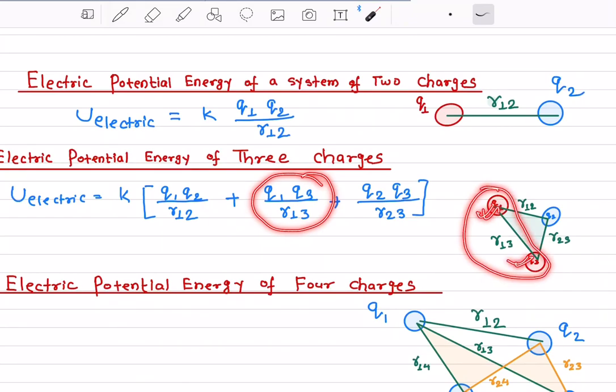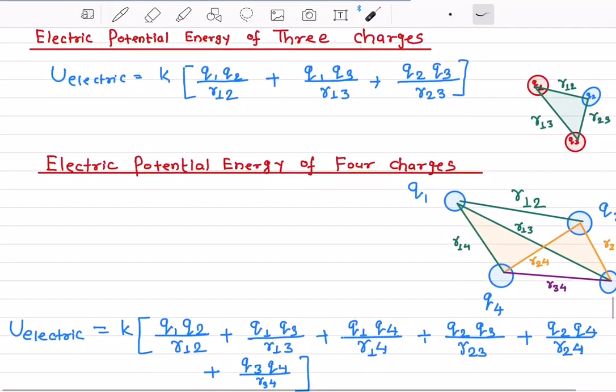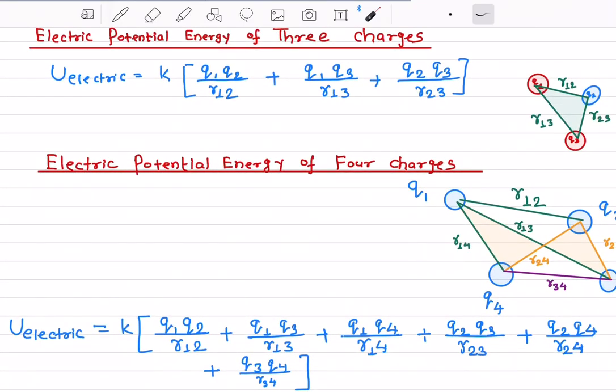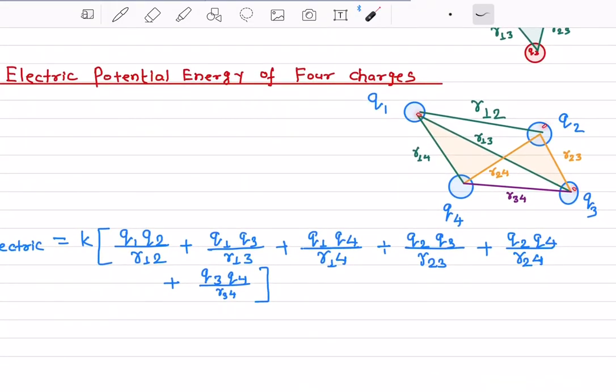Then this term here, Q1, Q3, is the potential energy of Q1 and Q3, these two charges together. And at the last, we have Q2 and Q3. That means the potential energy of Q2 and Q3, this system here. Then we just add them together. That gives the potential energy of three charges. So this is the potential energy of a system of three charges.